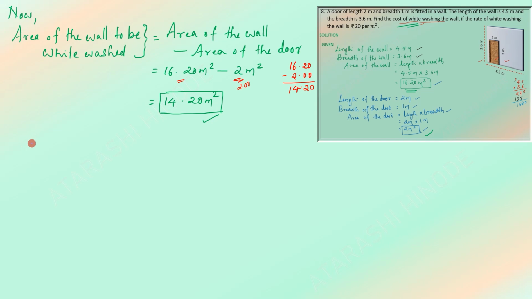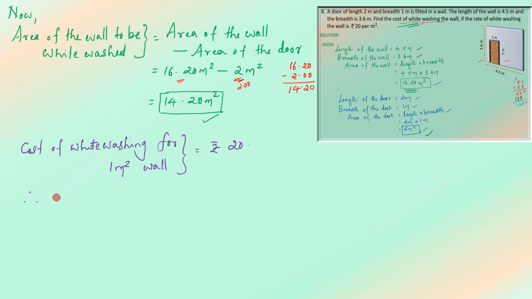Here it is given cost of whitewashing for 1 meter square wall equal to rupees 20.